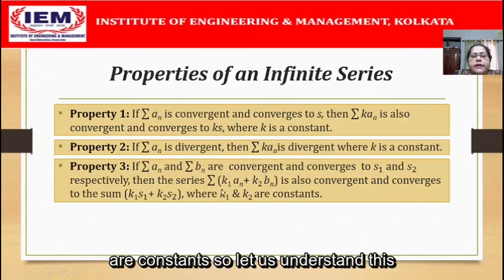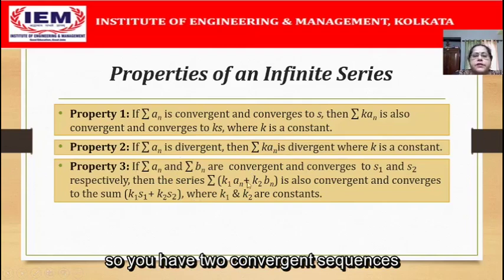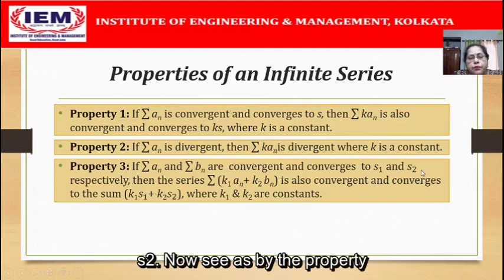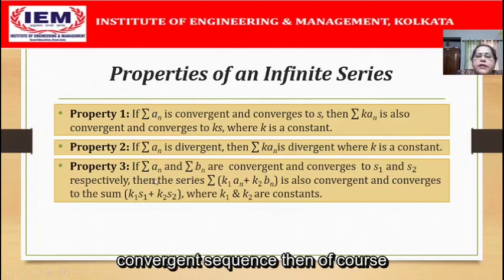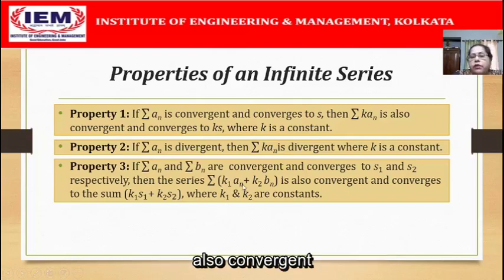So let us understand this property a little bit carefully. So you have two convergent series, summation a_n and summation b_n, and their sums are S1 and S2. Now see, as by property number 1, if summation a_n is a convergent series, then of course summation k1 a_n for a constant k1 is also convergent.